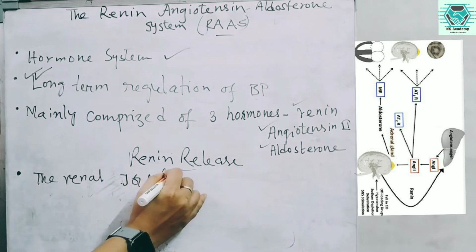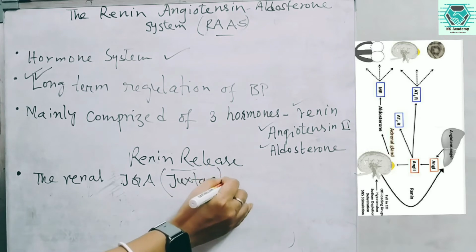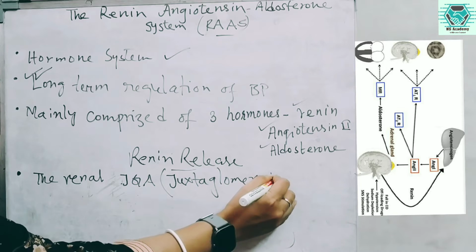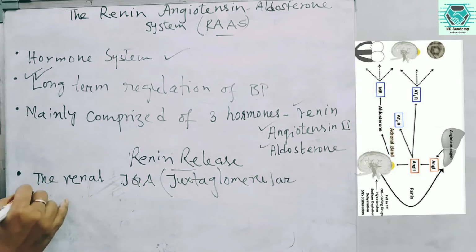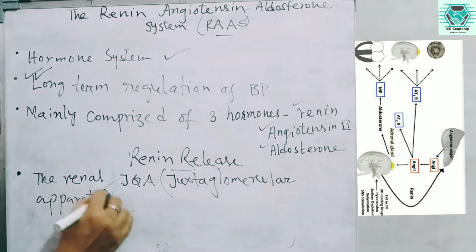What is the full form? That is juxtaglomerular apparatus. This juxtaglomerular apparatus has some granular cells which help in the release of renin.